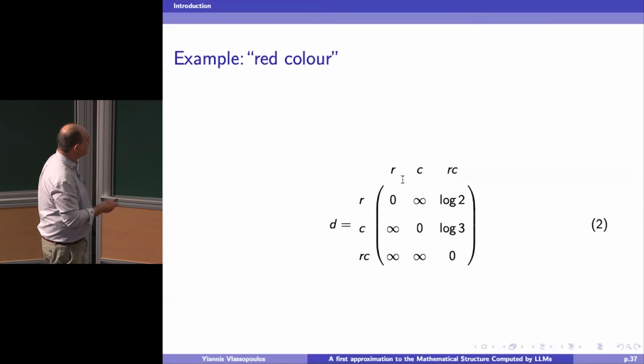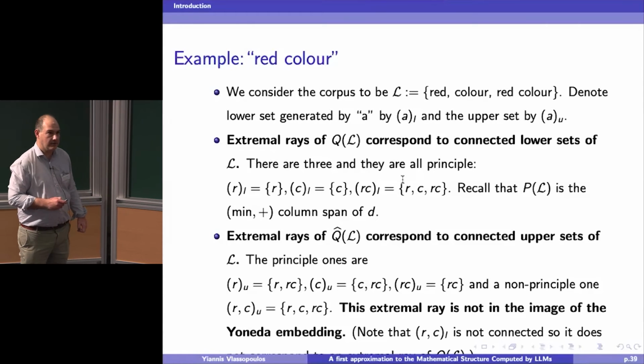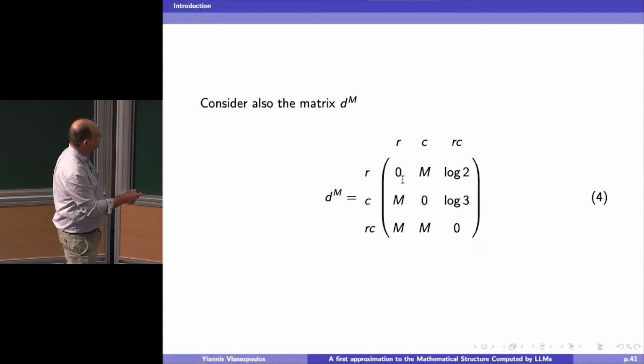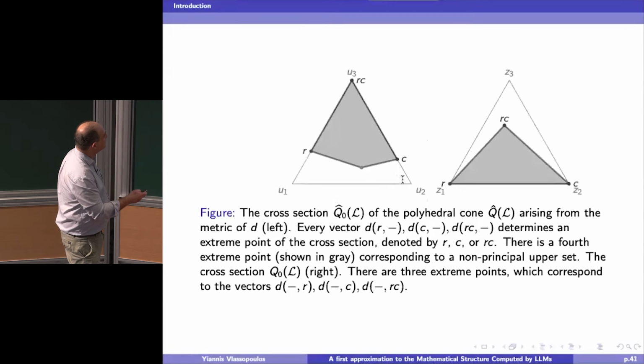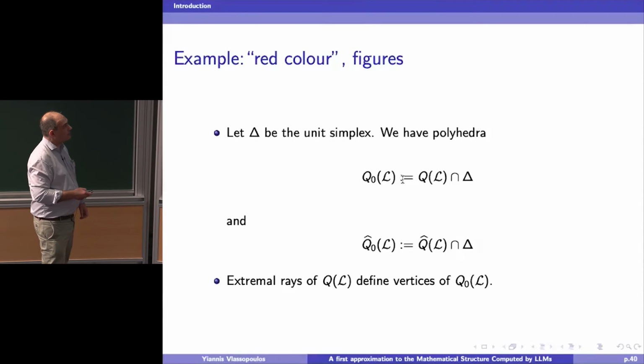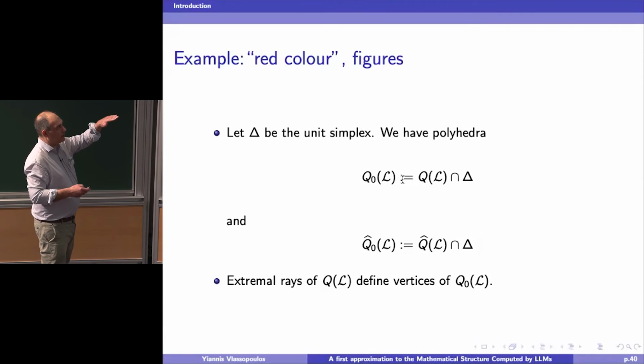And for this, we can compute several things. First, let me show you a picture. Actually, the picture is always first. So how can you show a picture of this? You have to take a section of this polyhedral cone with a unit simplex.